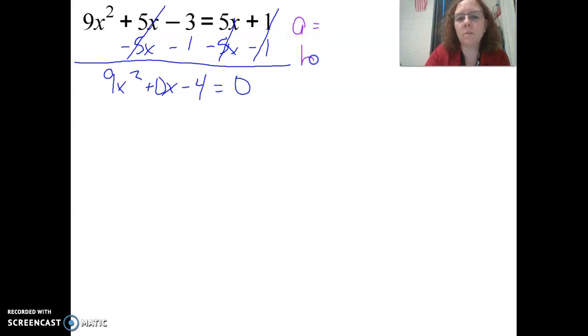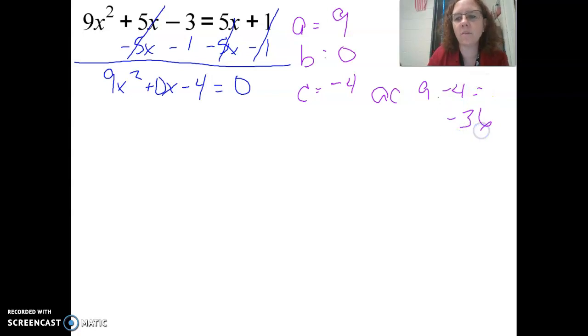A equals, B equals, C equals. So A, that's the coefficient here. B, that's the coefficient here. And C, that's the constant right here. Don't forget the negative. All right, AC, 9 times negative 4 is negative 36.